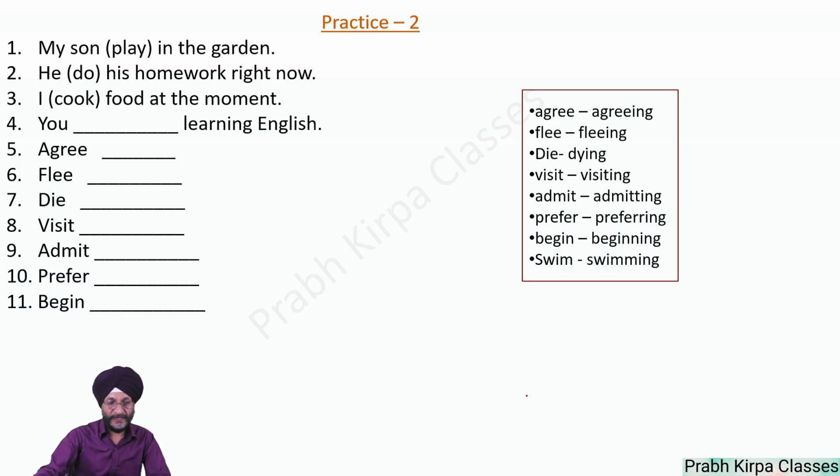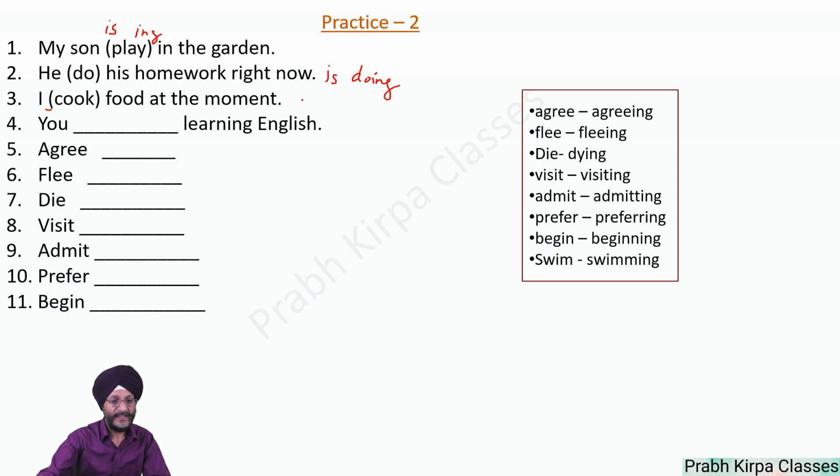So here is practice 2. "My son", as already told, we will add here is, and then add ing. "My son is playing in the garden." "He is doing his homework."